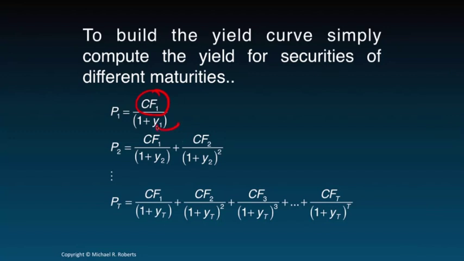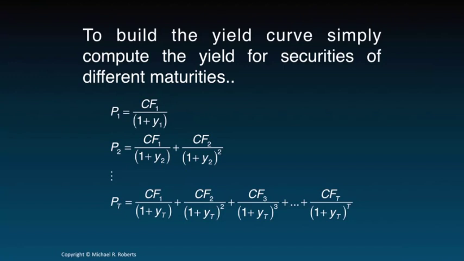If I want the second yield, I would take the second security with maybe annual cash flows of CF1 and CF2, and I would solve for the one discount rate, y2, let's call it, such that when I discount these cash flows, CF1 and CF2, I get the price P2.